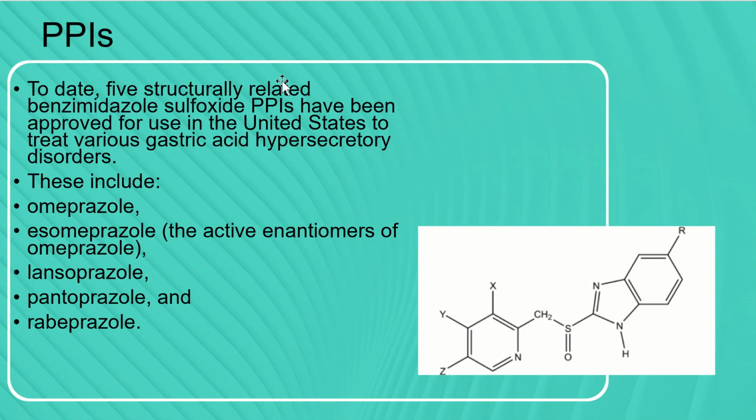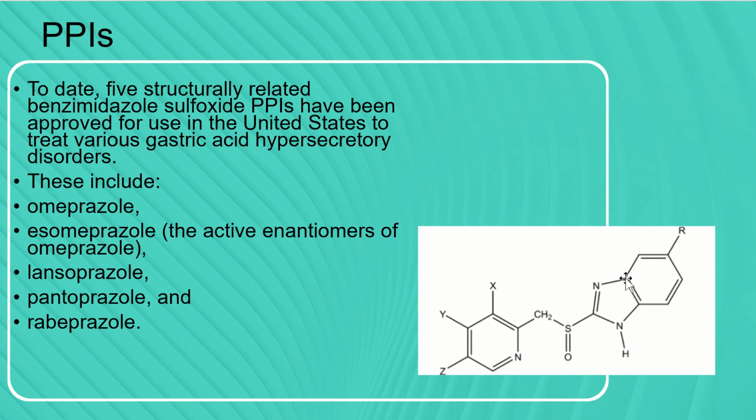To date, 5 structurally related benzimidazole sulfoxide PPIs have been approved by the FDA for gastric acid hypersecretory disorders. So we have seen a number of times omeprazole. You have S-omeprazole, that is the active enantiomer of omeprazole, and you have lansoprazole, pantoprazole, and rabeprazole.